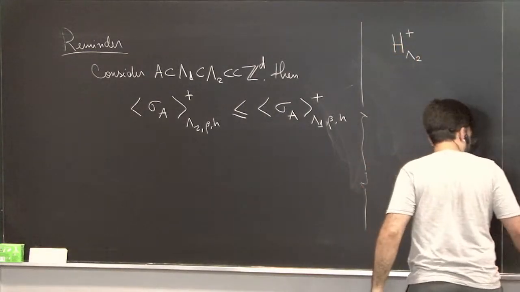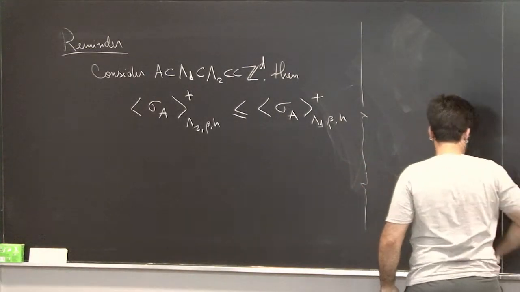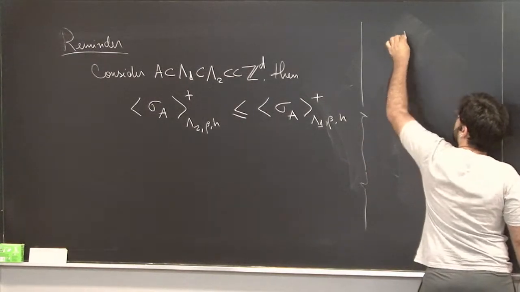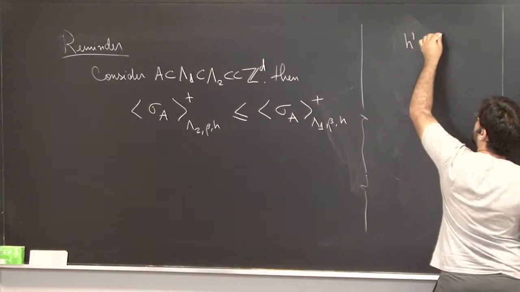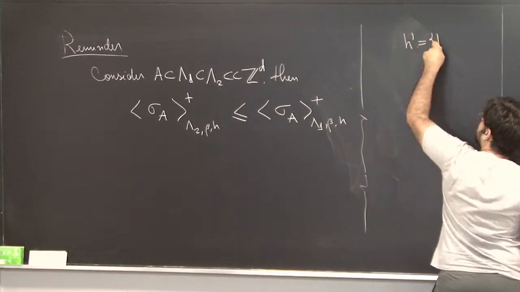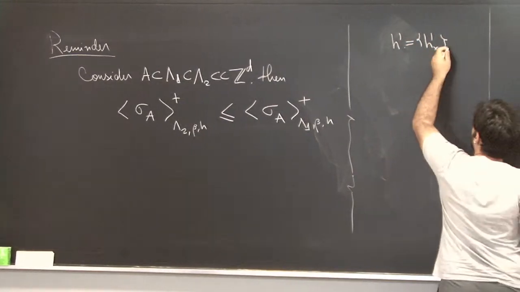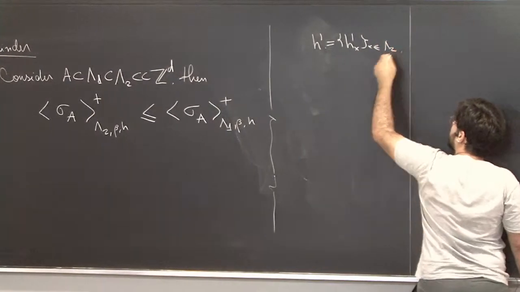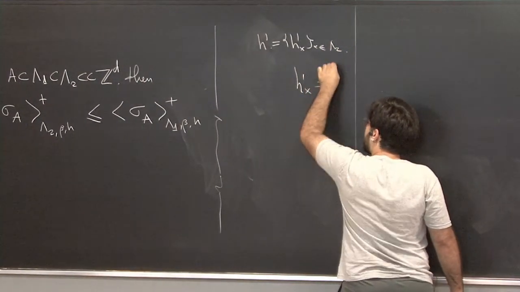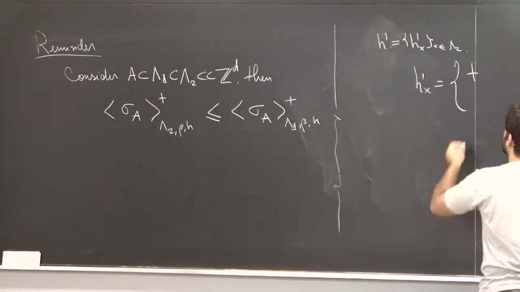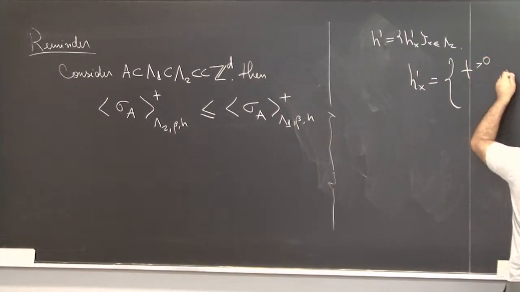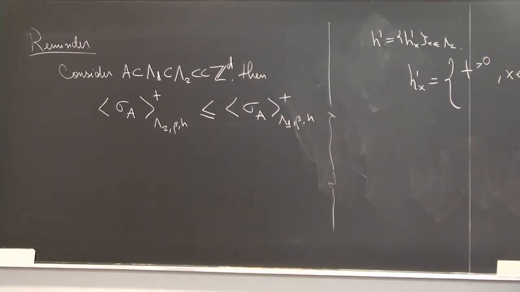We defined first a field H prime, and this field was defined as: for x inside lambda 2, H prime of x was some positive real number t if x was inside lambda 2 minus lambda 1, and it was 0 otherwise.